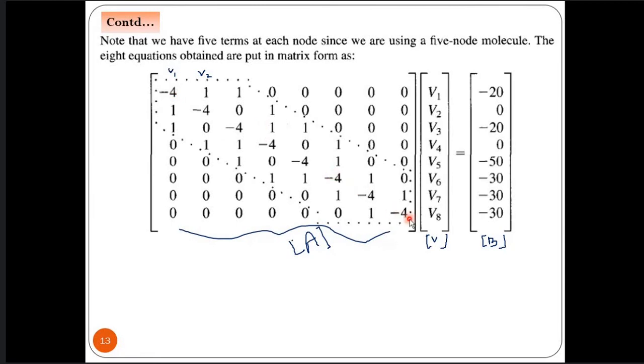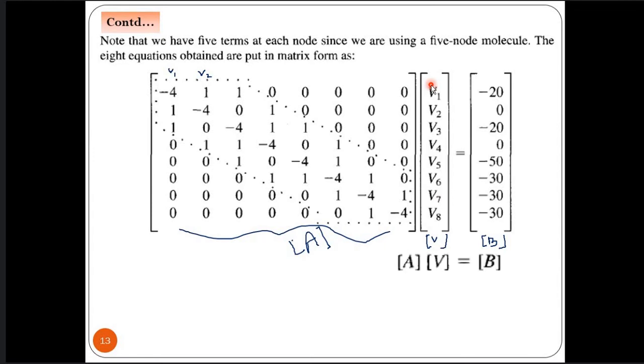Why is this type of banded form there? Because the potential of a particular free node depends only on the potential of the neighboring nodes that are directly connected with the corresponding free node. Now, to find out all the unknown potentials from V1 to V8, you have to solve it.